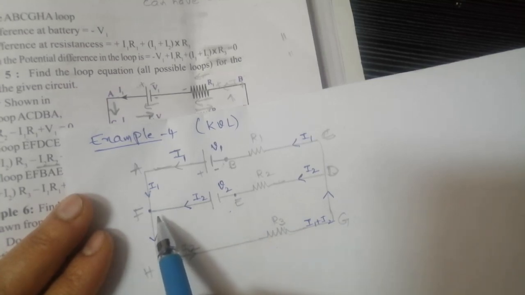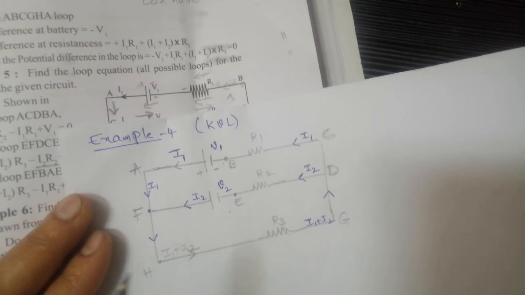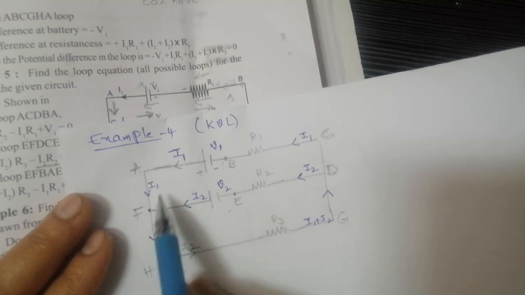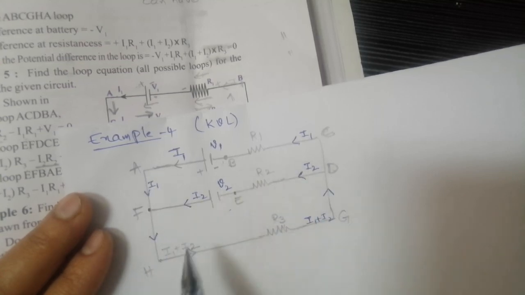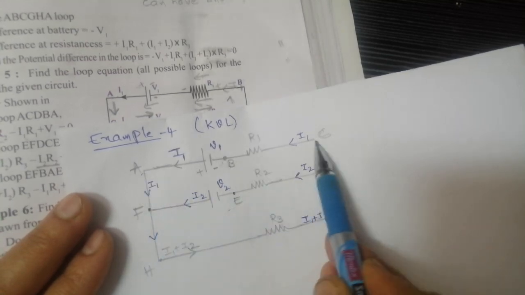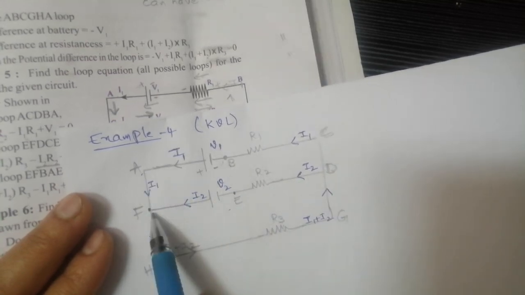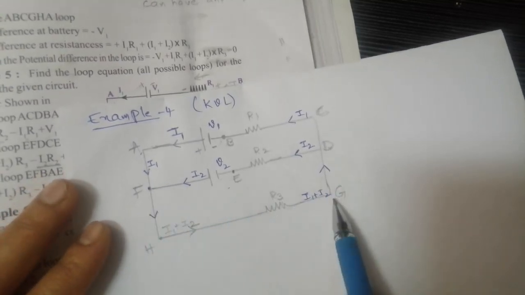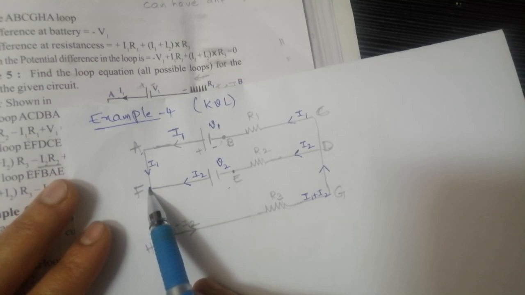First we will see how many loops we can form in this circuit diagram. We can consider 3 loops in total. First, A, B, C, D, E, F, this is one loop. The other one is F, E, D, G, H, F, the second loop.